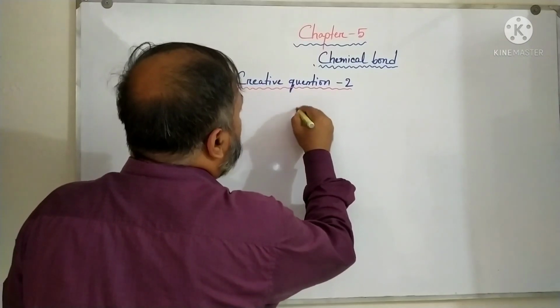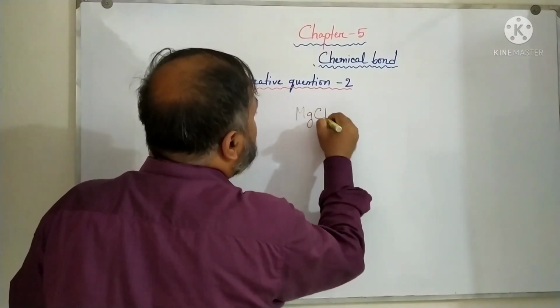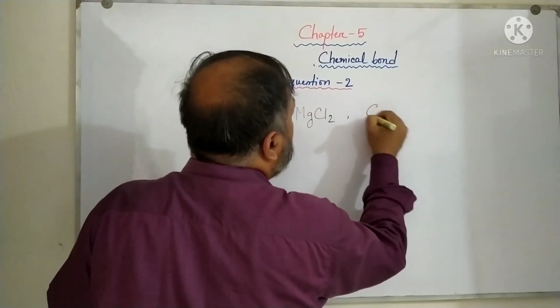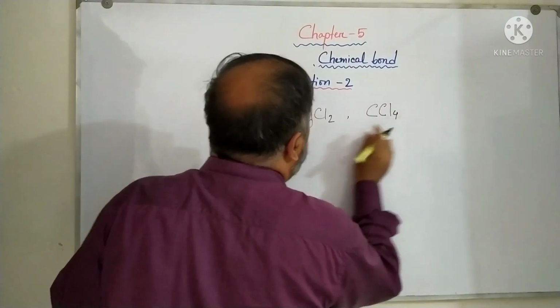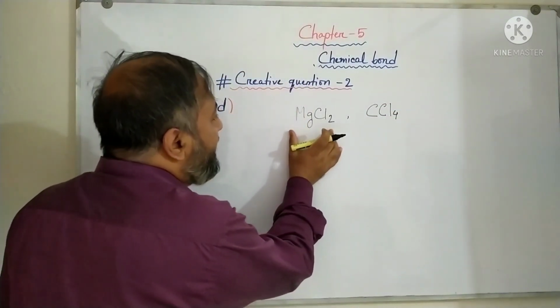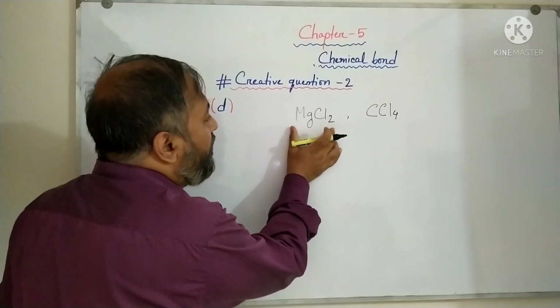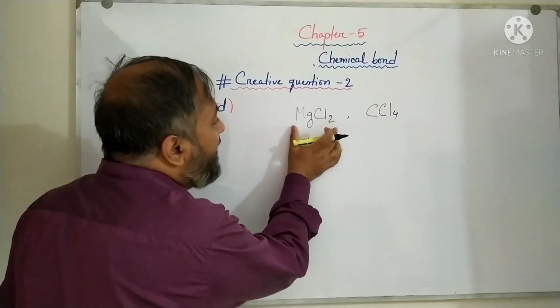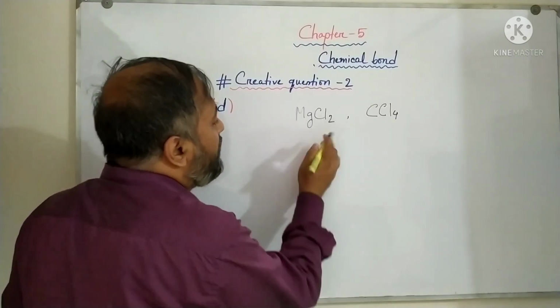When we apply heat and melt down the magnesium chloride, or dissolve it in aqueous solution, what will happen?